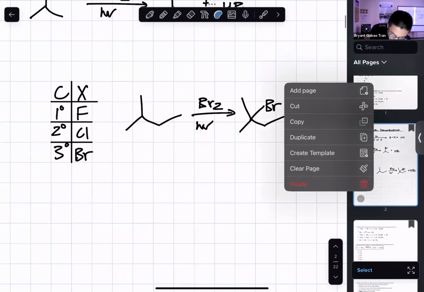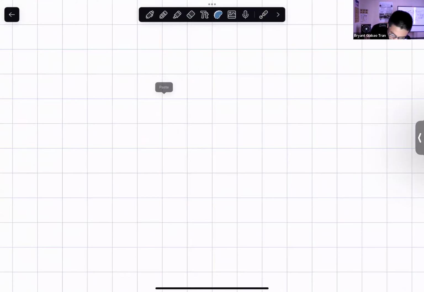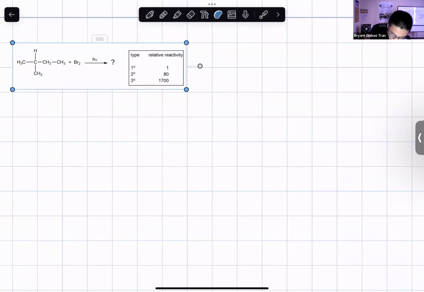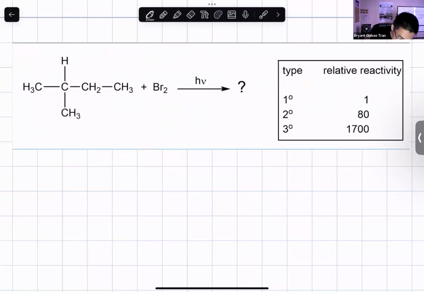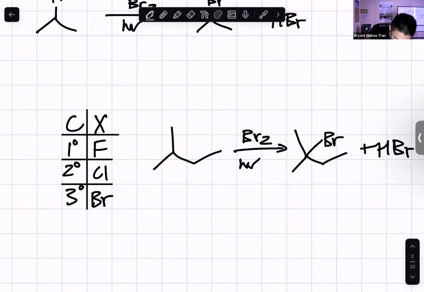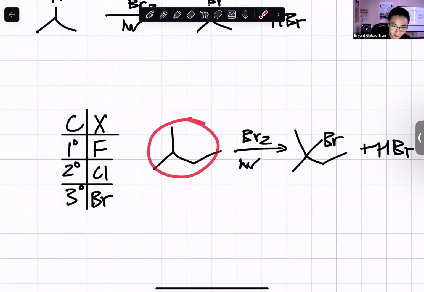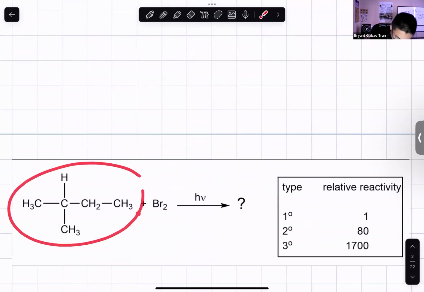Let's say that you have this problem right here. I'm going to draw out the molecule in bond line form like this, which is the same thing as I drew out here earlier.